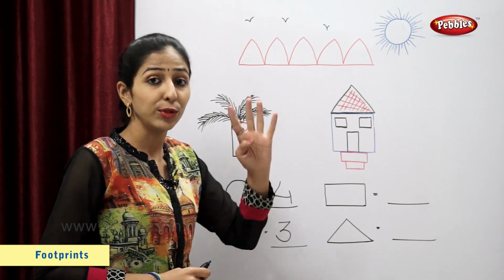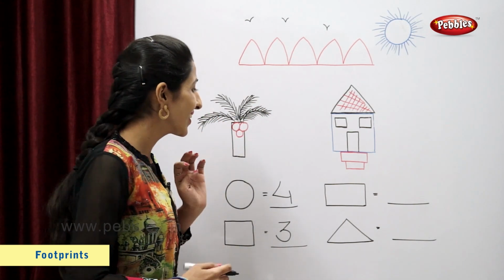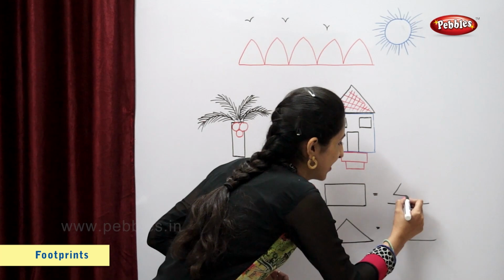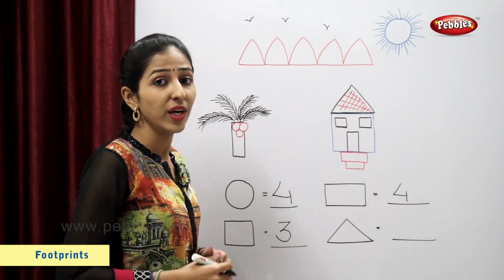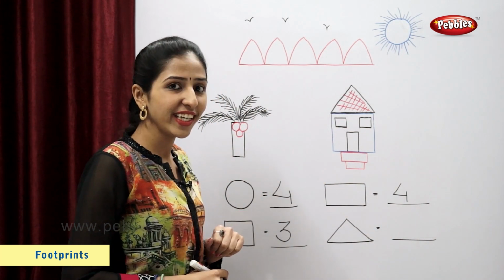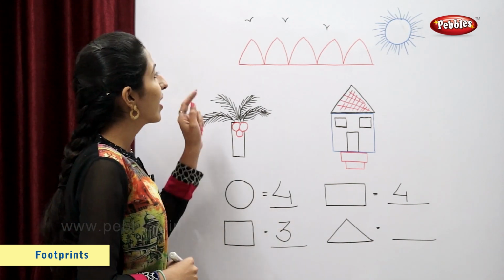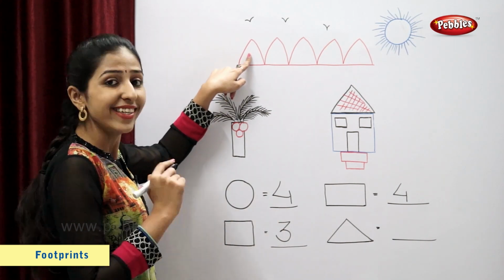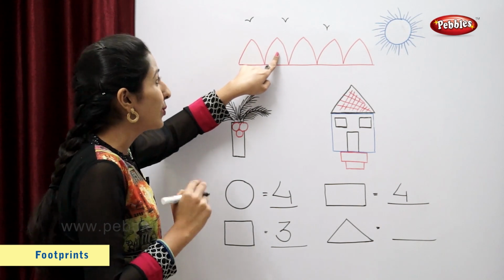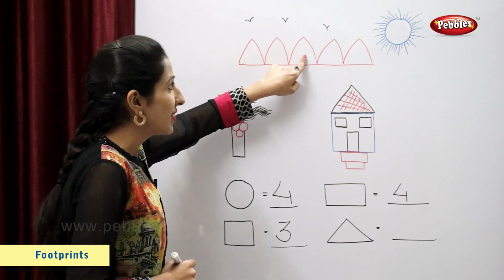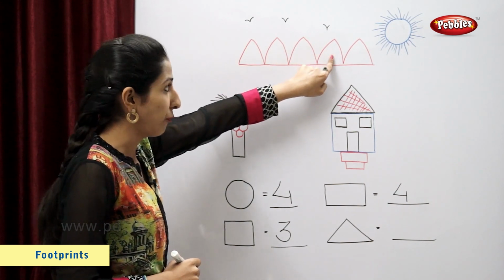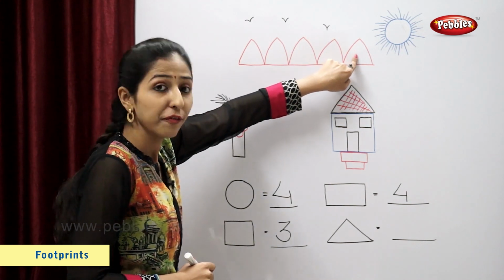So, there are a total of 4 rectangles. Now, let's count triangles. 1, 2, 3, 4, 5.